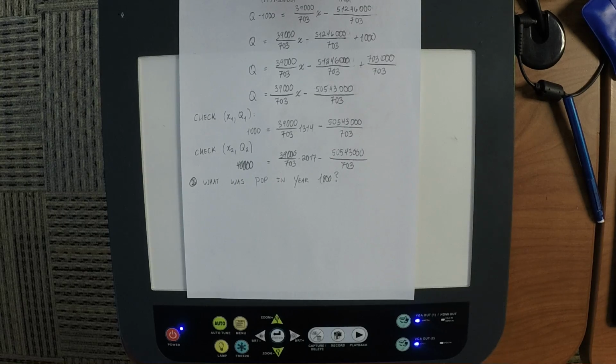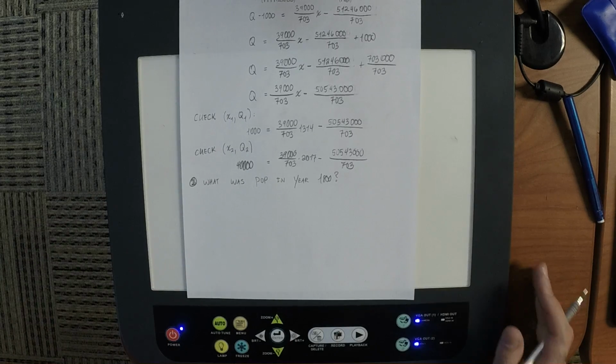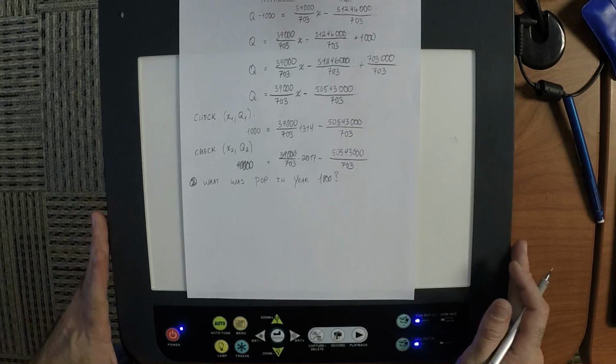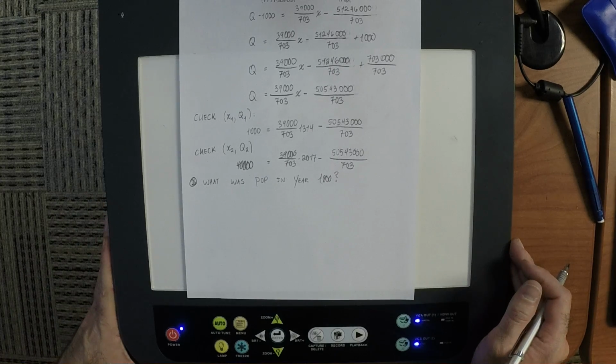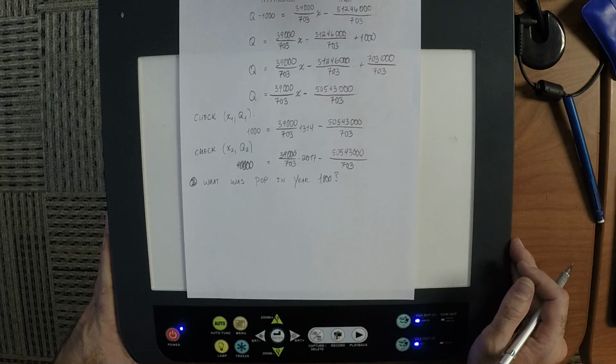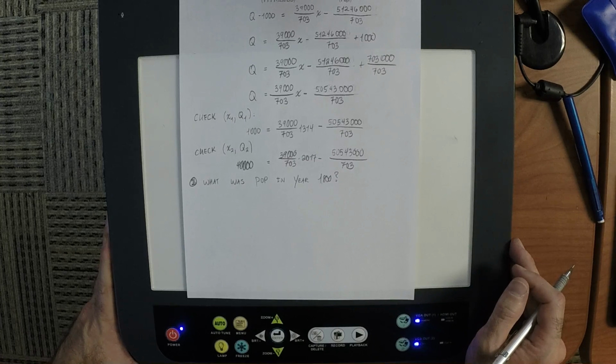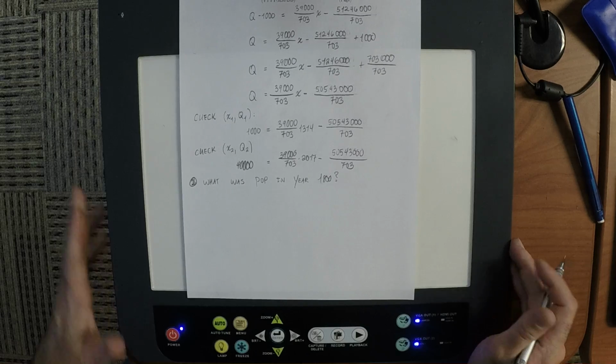Q equals 39,000 over 703 times 1,800 minus 505,330 over 703. Okay, good. To say it slightly briefer, what I'm asking for is: please tell me Q when X is 1,800.